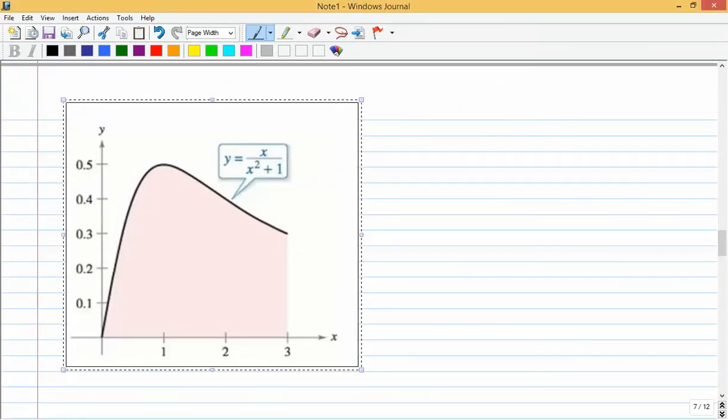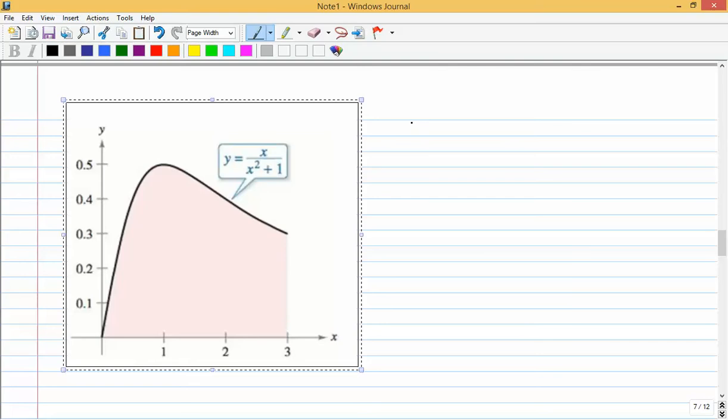Alright, what if I had the function y equals x over x squared plus 1 graphed, and I wanted to know what is the area below the curve when I let x equal values between 0 and 3?